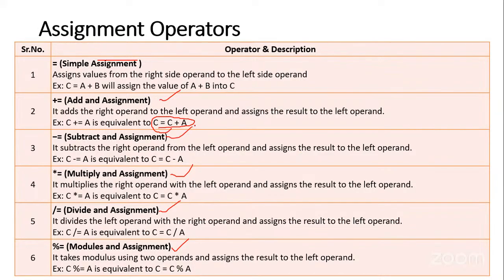So in such cases, we can write C plus assignment A directly. C plus assignment A is equivalent to the statement C assignment C plus A. So this is with plus. In the same way, you can apply the same for minus, multiplication, division, and modulus also.